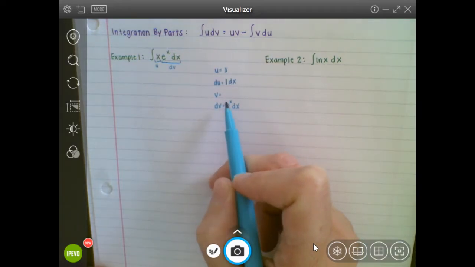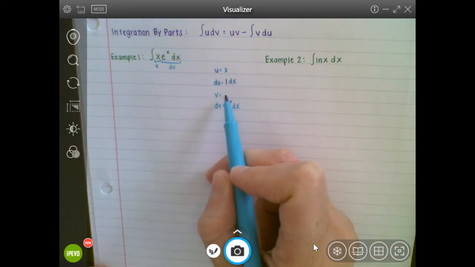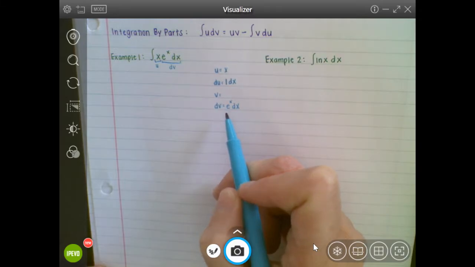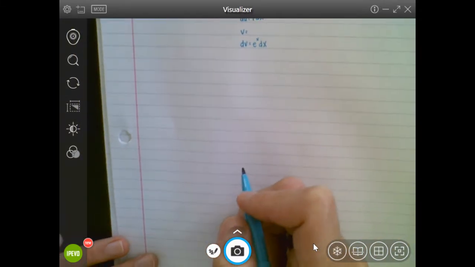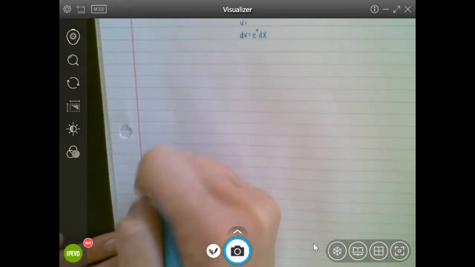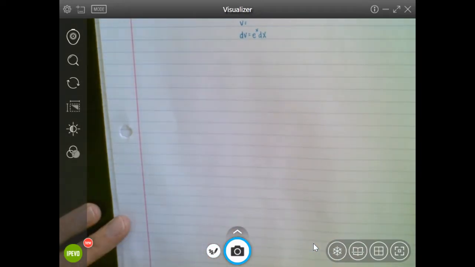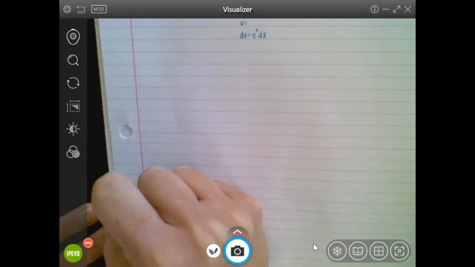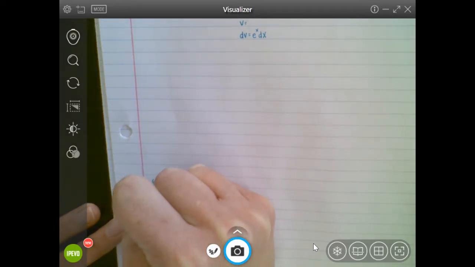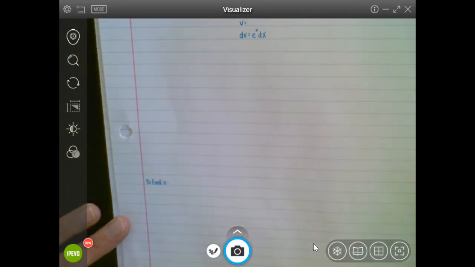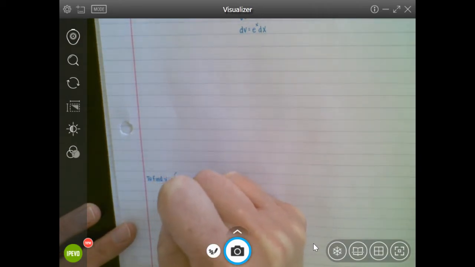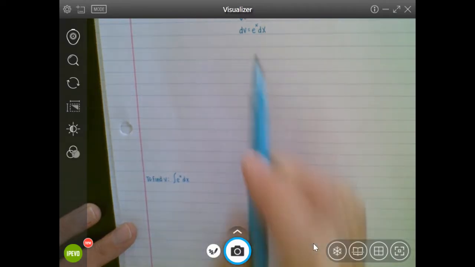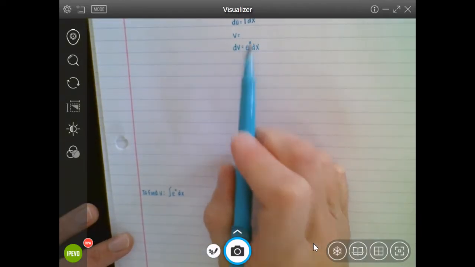So what we need to know is, if this is our derivative, what was our starting function? To find v, we're going to be taking the integral of e to the x dx. I'm going to write this down here as a separate step, because some of these can get a little bit complicated, especially if we're dealing with u substitution. That's what's going to go up in this blank when I'm done with this work.